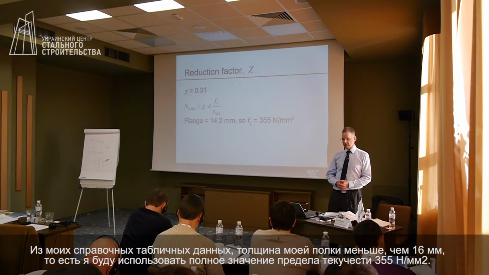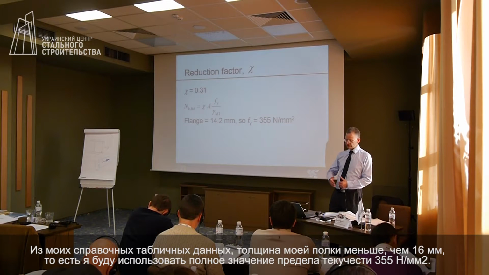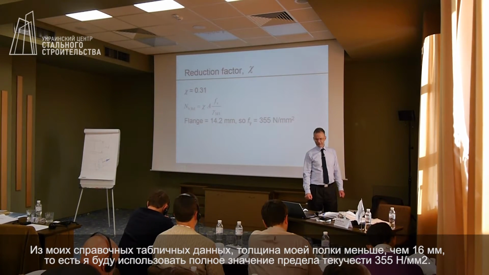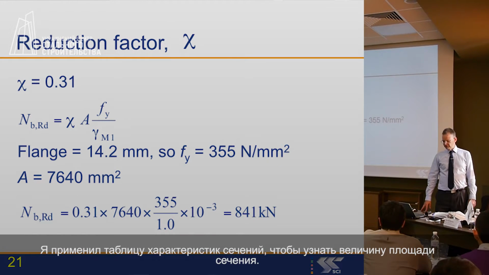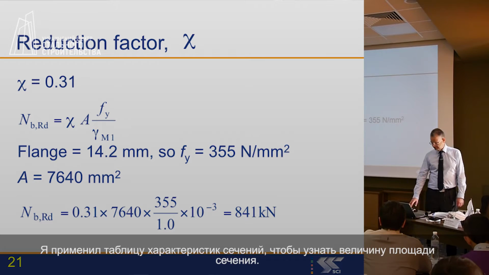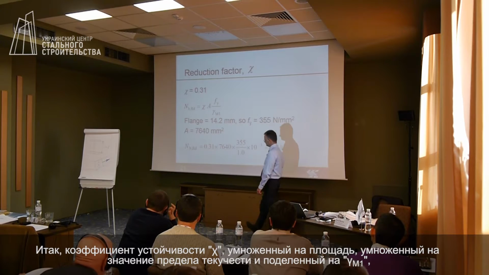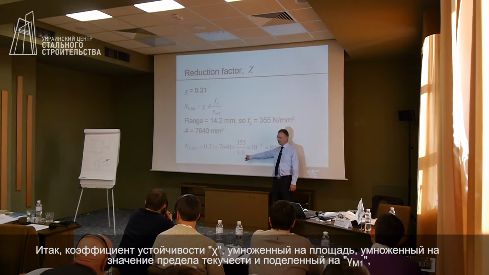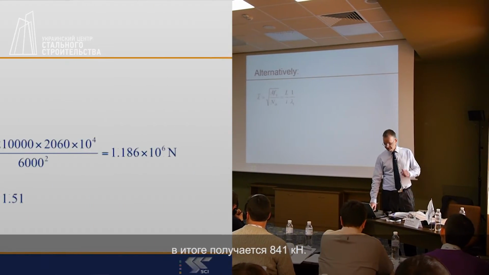From my lookup tables, the flange is less than 16 millimetres, and the first reduction in strength comes at 16 millimetres. So I'm going to use the full design strength of 355. I use my section property tables to tell me the area. So chi, the reduction factor, multiplied by area, multiplied by yield, divided by gamma M1, gives me 841 kilonewtons.